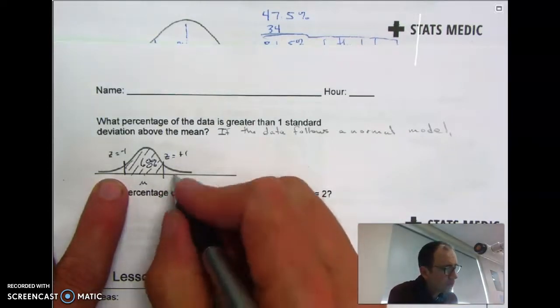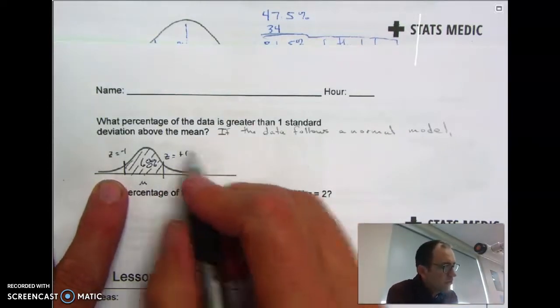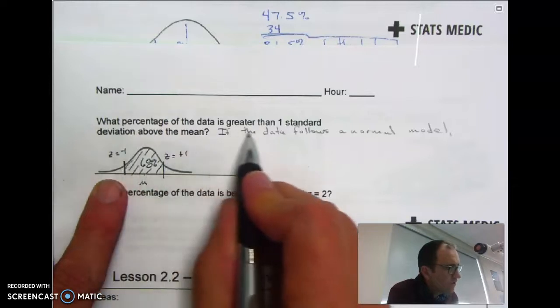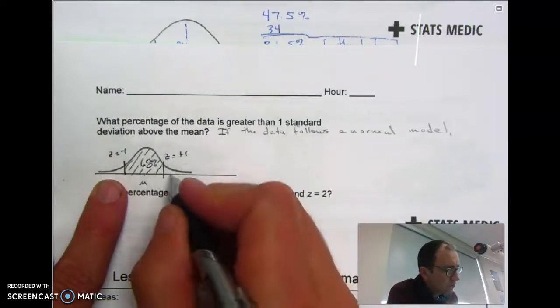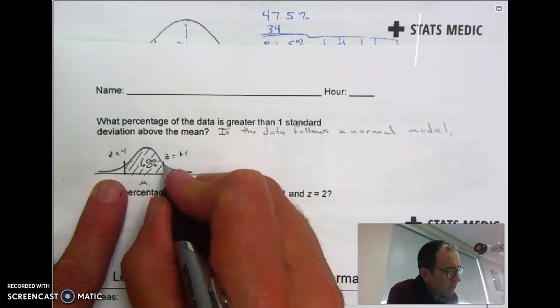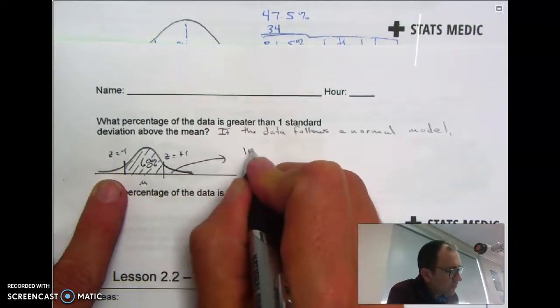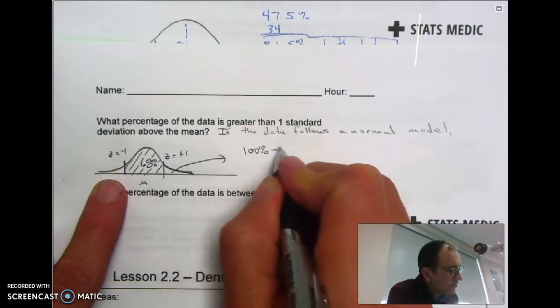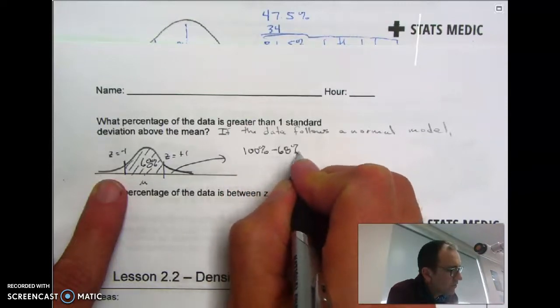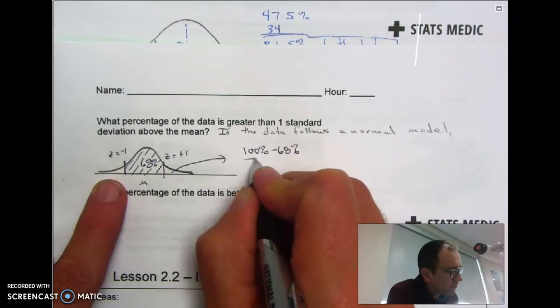100% minus 68%. So the question here says what percentage of the data is greater than 1 standard deviation above the mean. So the area out in this curve right here, if we take the 100% minus the 68%, we get 32% out in the two wings combined.